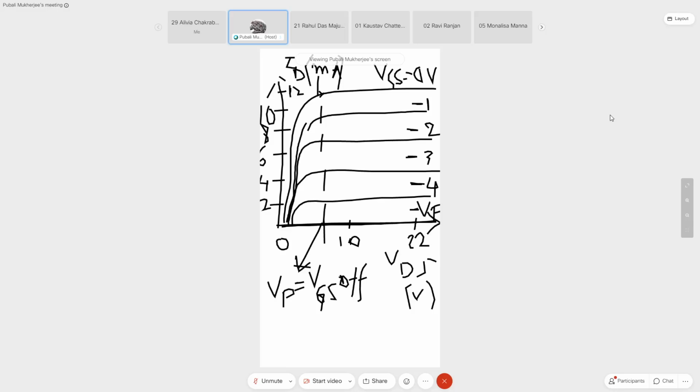Okay, so that is what we call the pinch off voltage.